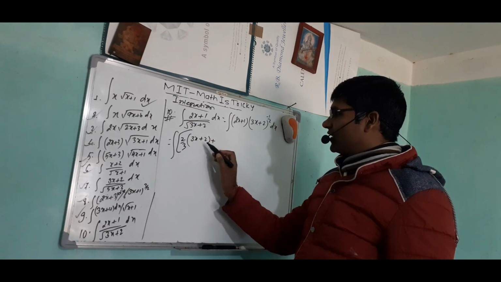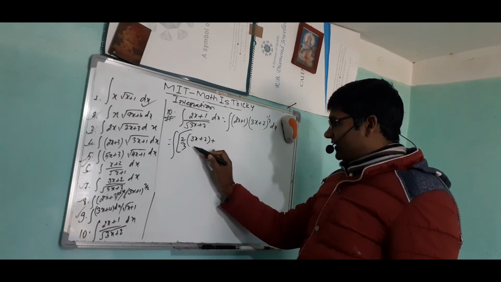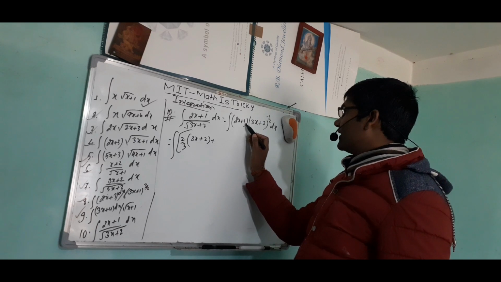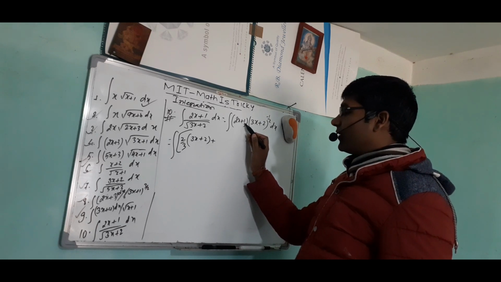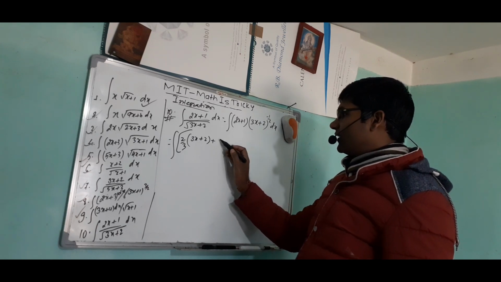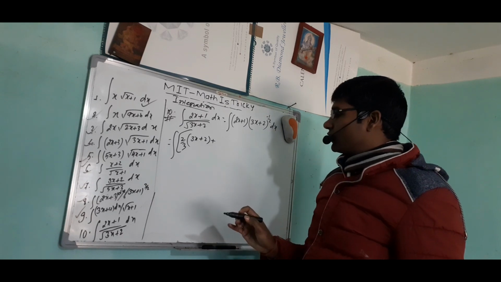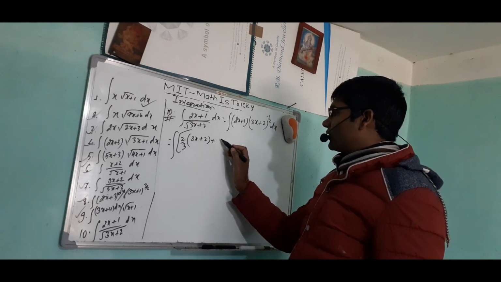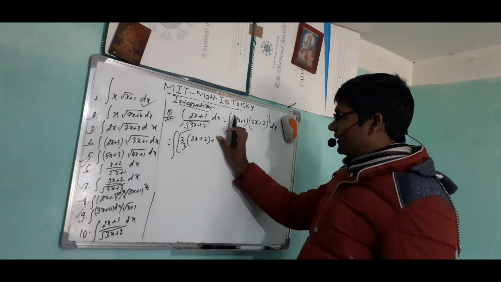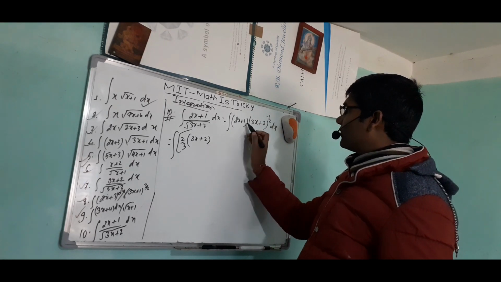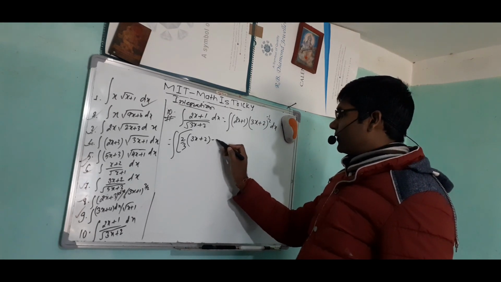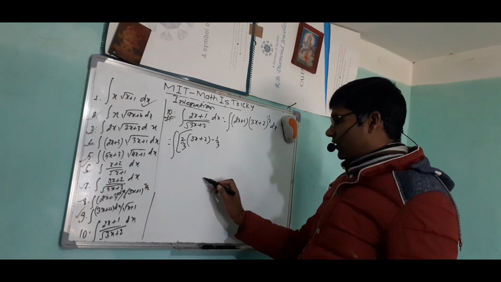So we'll get 4 by 3 here, but we need 1, so what should we write here? 4 by 3 there, but we need 1, so minus 1 by 3. So let's see how we are getting this.